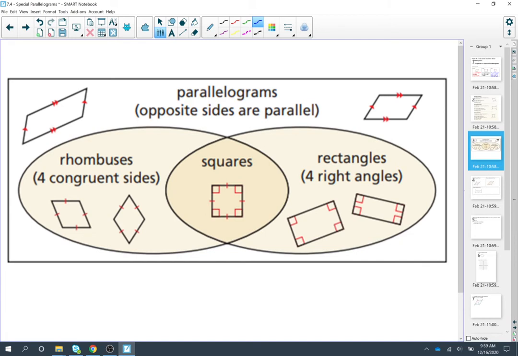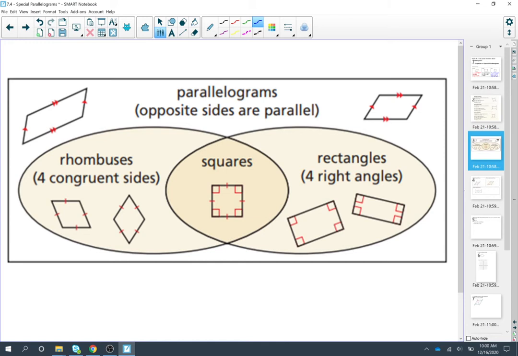But just as an example, inside this box, we have all parallelograms. So is a rectangle a parallelogram? Yes. And the answer there would be always, because it's always in this box. Is a parallelogram a rectangle?